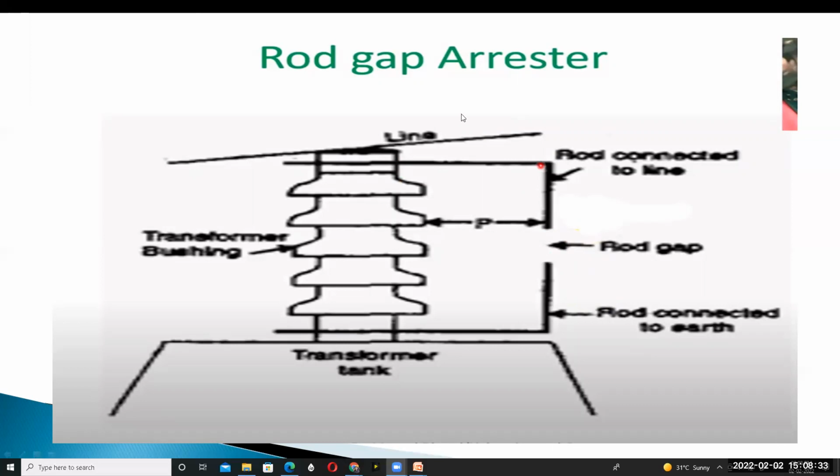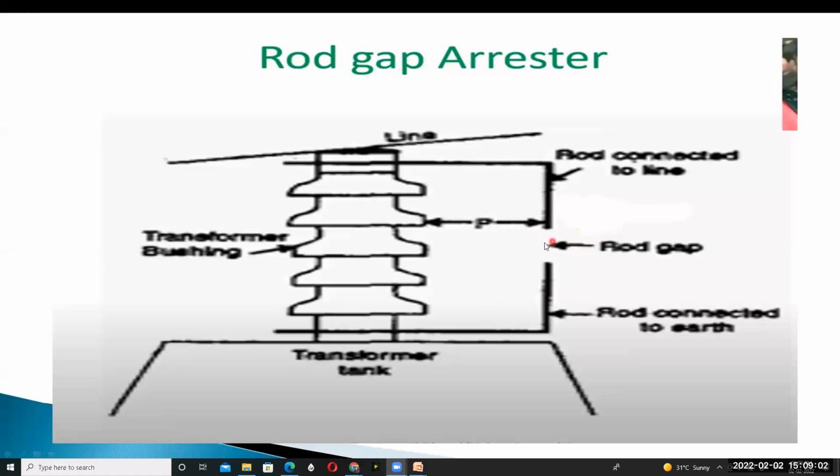If any lightning takes place on this transmission line, this gap will spark and discharge to the ground in this way. The fault current, that is the heavy lightning current, passes to the ground in this way.